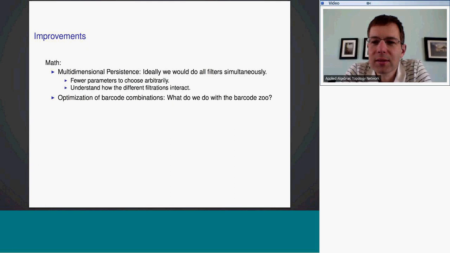Partial charge is a filtration that says how charge is distributed, but I also want to understand how far away from the center the charge is, right? Where is it distributed, not just relative partial charges. So interaction, I think, is really important to getting even more subtle signals, and I think we really want to work on getting rid of these parameters or making these slices through this multidimensional persistence picture.